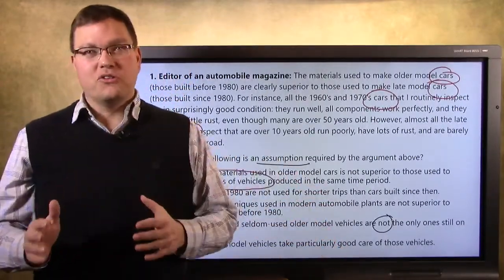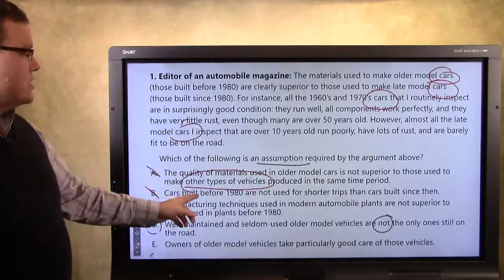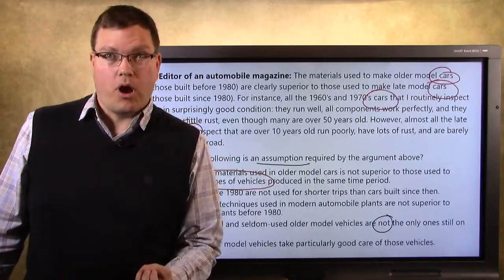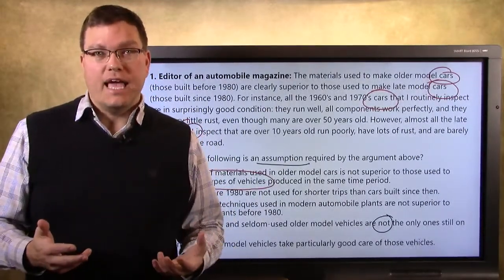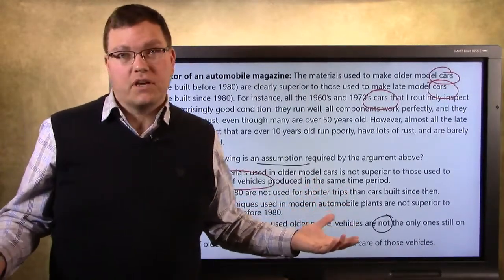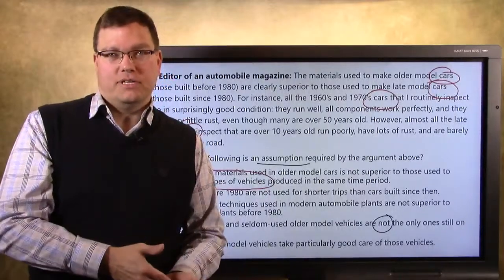Who knows, shorter trips could be more of a problem. If all you do is drive the car a couple of miles every day, it never gets to warm up. It might be worse for the car. You don't know. So don't make up for the answer choice, okay?